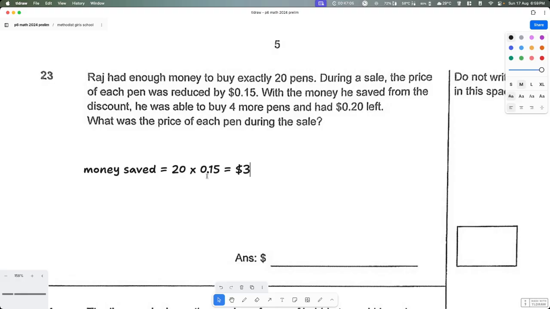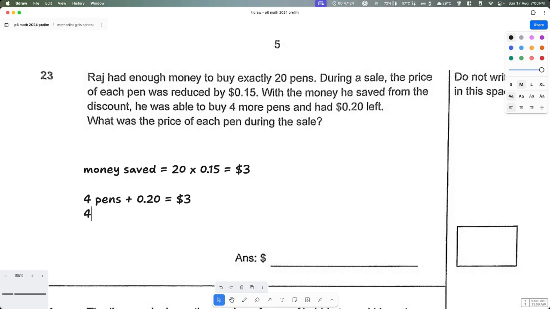Okay, with the money he saved, he was able to buy 4 more pens plus 20 cents. So 4 pens plus 0.2 is equal to $3, right? Yes.